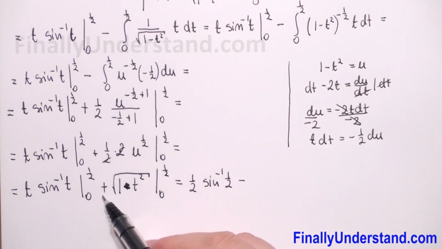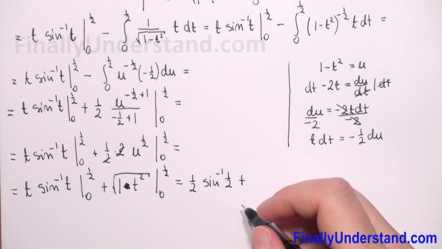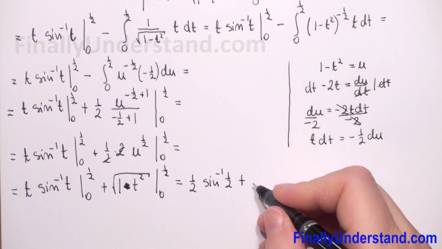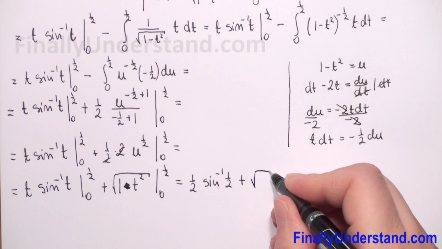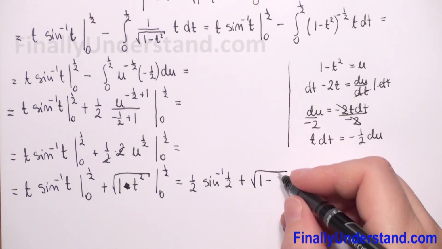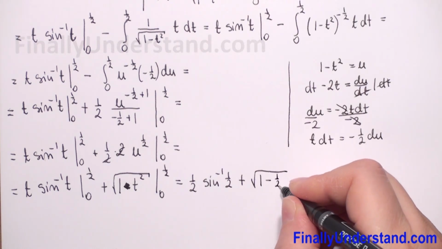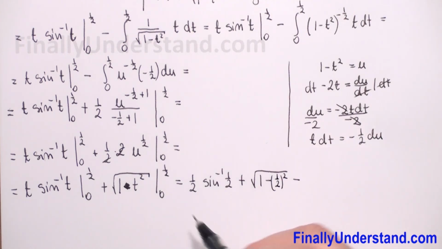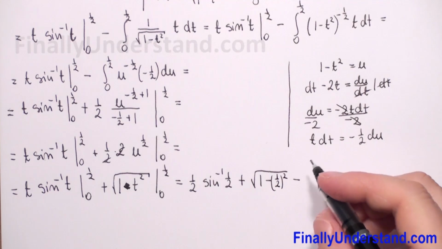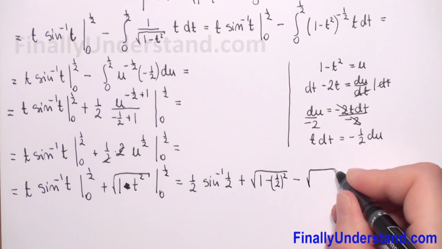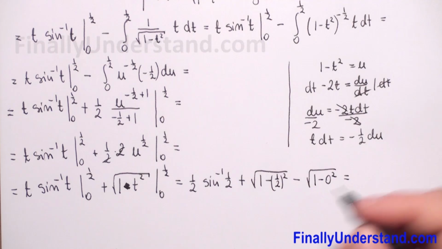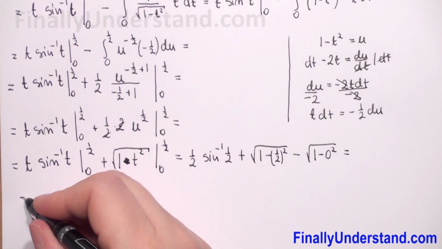And now we have plus, so we have to change the sign, and plug in the upper limit first, so it will be the square root of 1 minus 1/2 to the second power, minus the lower limit, so we substitute t by 0, so it will be minus the square root of 1 minus 0 squared.